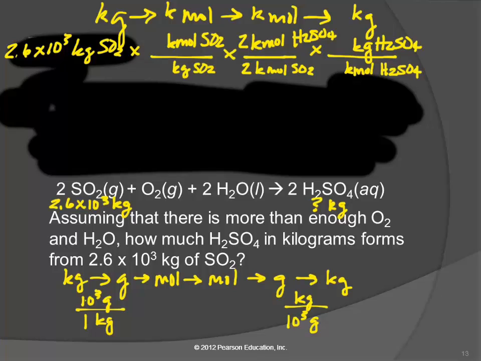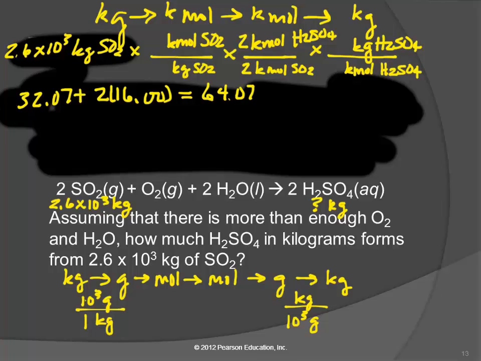So then we need some molar masses in here. SO2, 32.07 plus 2 times 16. Turn the calculator on first, that always helps. 64.07.